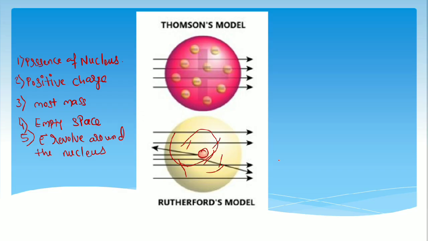Although Rutherford's model explained the structure of the atom better, it could not explain why the atom remains stable. This problem was later solved by the Bohr atomic model. So this is all about the Thomson atomic model and Rutherford atomic model.